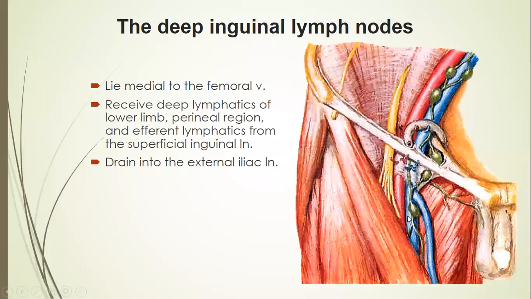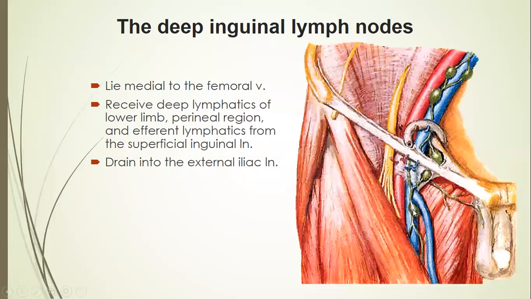Similar lymph nodes just above the inguinal ligament are called the external iliac lymph nodes. This one is the external iliac artery, which continues beneath the inguinal ligament as the femoral artery. This is the femoral vein, which continues beneath the inguinal ligament and ascends as the external iliac vein.